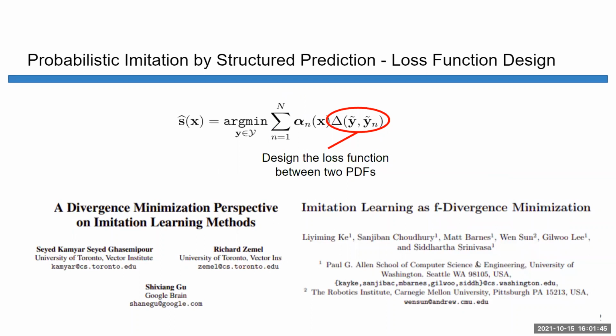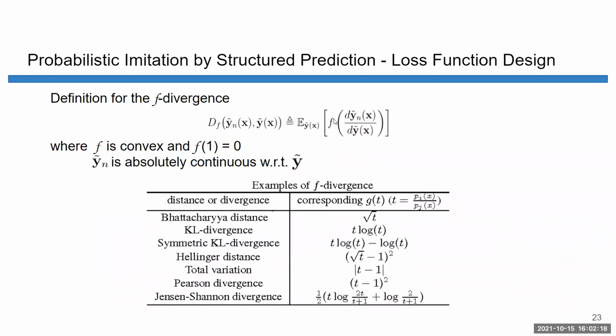In order to use the introduced structured predictor, we need to have a loss function between two probabilistic density functions. And by investigating the literature, we found that the f-divergence minimization is closely related to imitation learning. So for the loss function design for this delta, we consider using tools from the f-divergence. The f-divergence is a class of divergences between probabilistic functions.